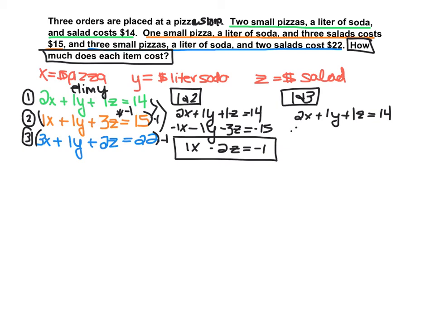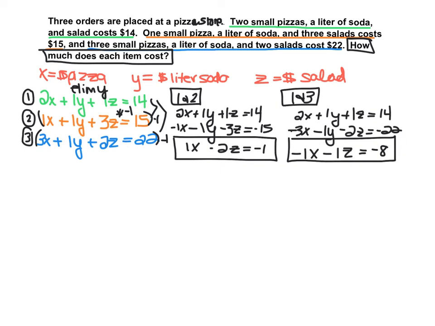So here we have negative 3x minus 1y minus 2z is equal to a negative 22. And if I add straight down, I get negative 1x minus 1z is equal to negative 8.